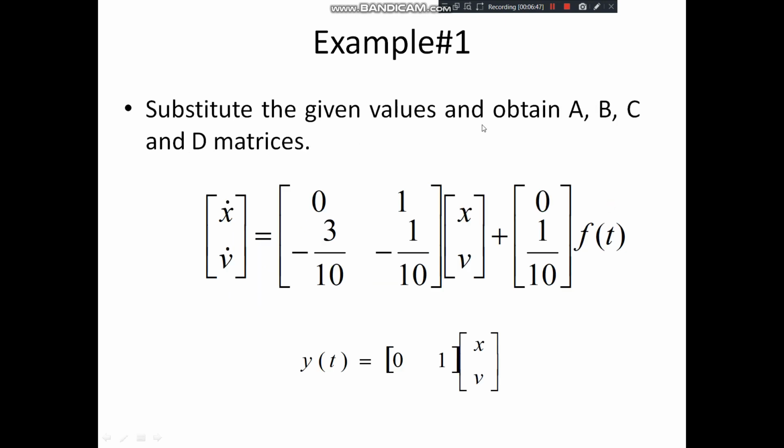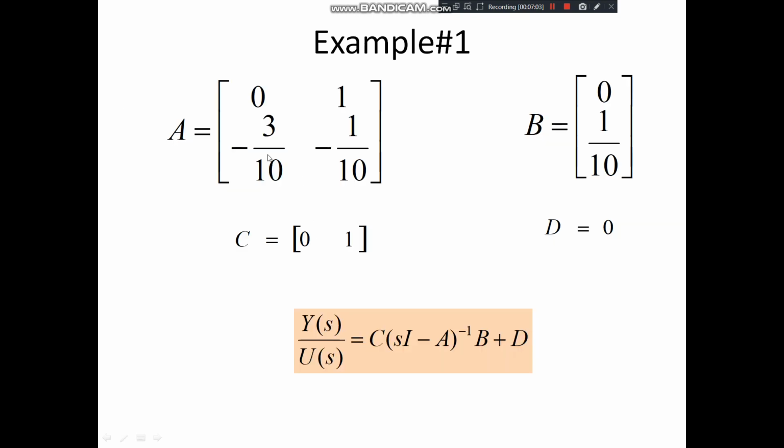Substituting all the values in the state space representation, we obtain the matrices A, B, C and D. The equation for y(t) does not contain any relation with the force, the input signal, therefore D is equal to 0, and the matrices A, B, C are represented here.